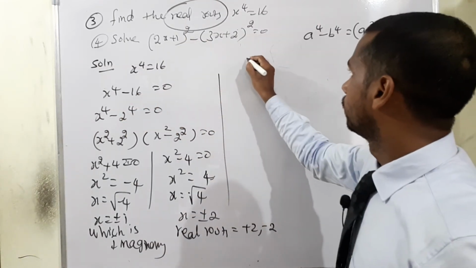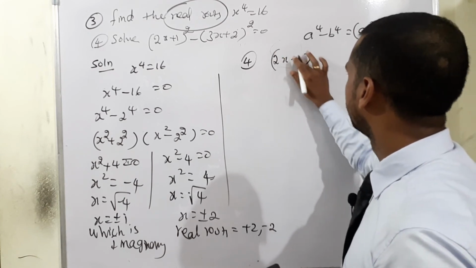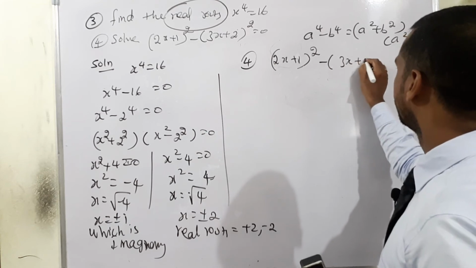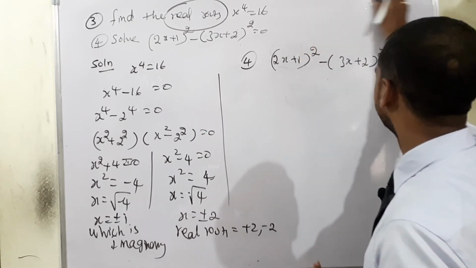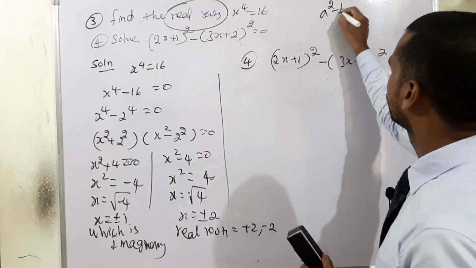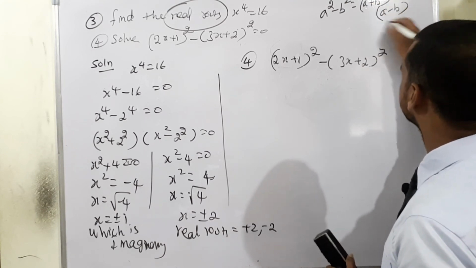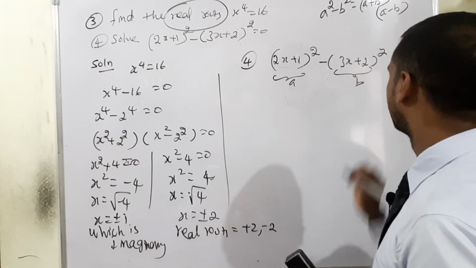This is the fourth question: 2x plus 1 the whole square minus 3x plus 2 the whole square. This is the a square minus b square formula. What is the meaning? a square minus b square is equal to a plus b into a minus b, isn't it? Therefore, consider this whole term as a and this whole term as b.